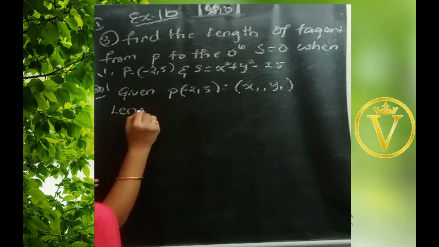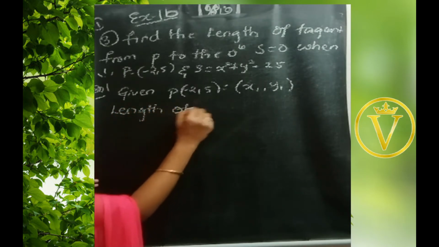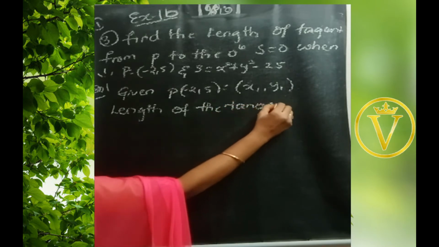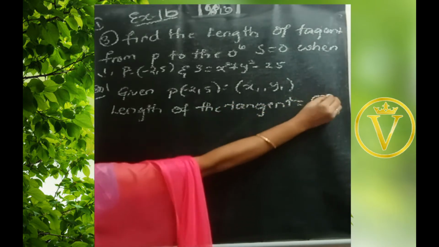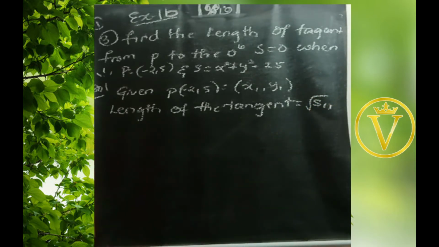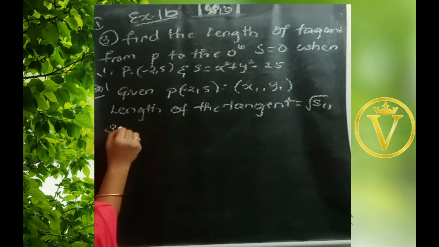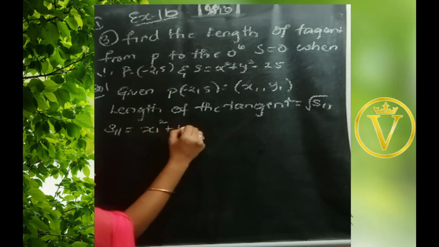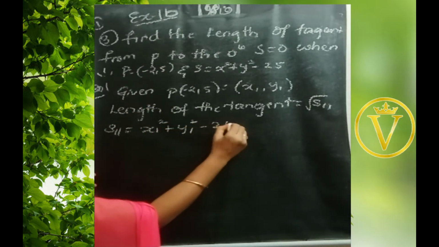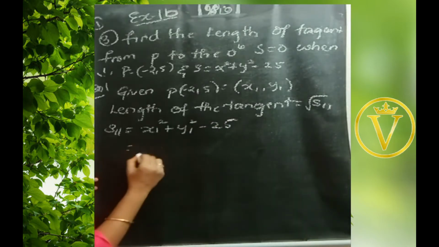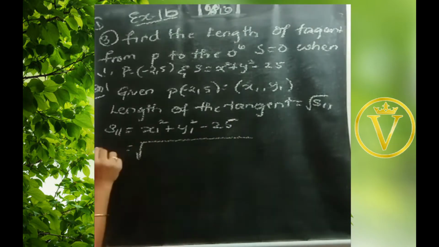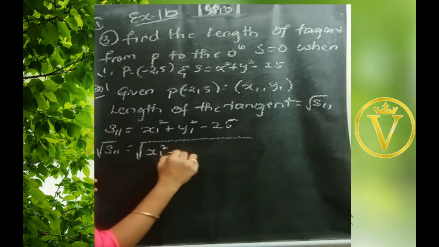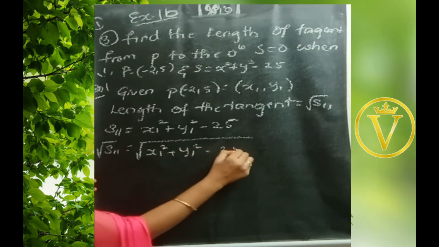So the length of the tangent equals root S11. When we substitute, S11 is x1 square plus y1 square minus 25.